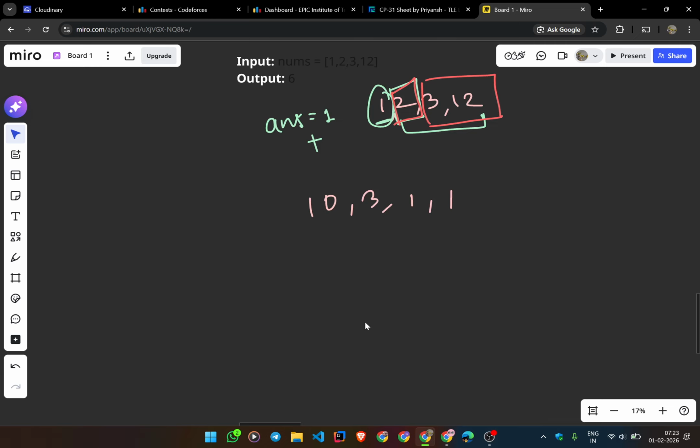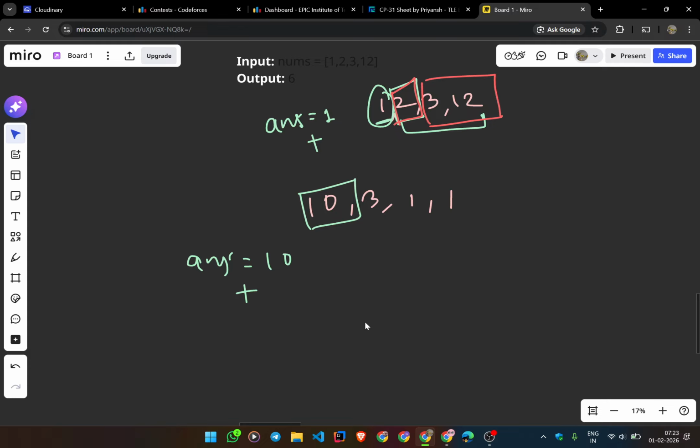For the first subarray we have to continue with this number, so our answer will be 10. After that we have to add the cost for two other subarrays. One subarray has completed, now we have to take another two subarrays.